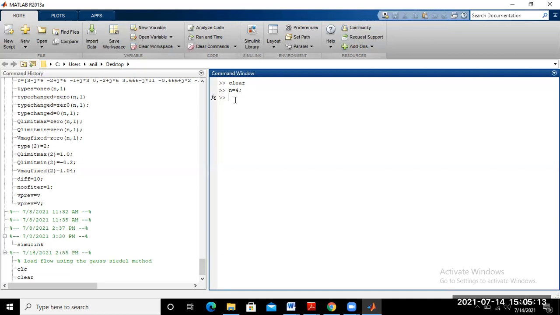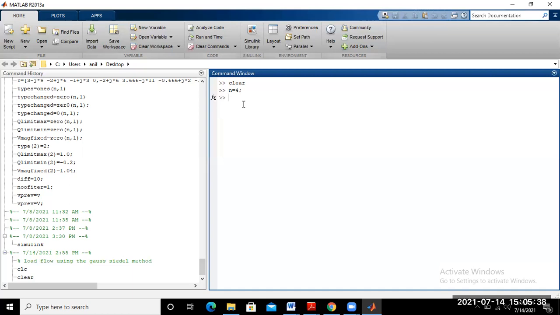So write here the voltage of all the buses. One is the slack bus. The slack bus voltage is generally considered at a standard value of 1.01 per unit, at an angle of delta equal to 0. This is a standard assumption for the slack bus.